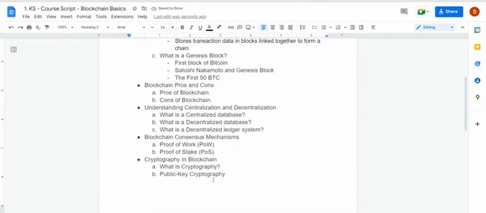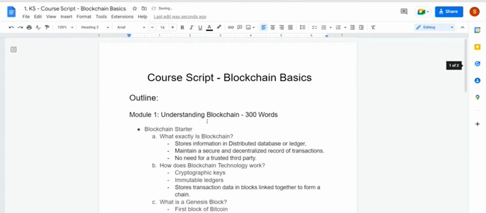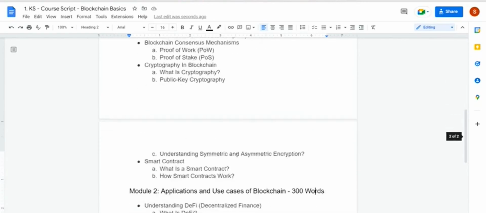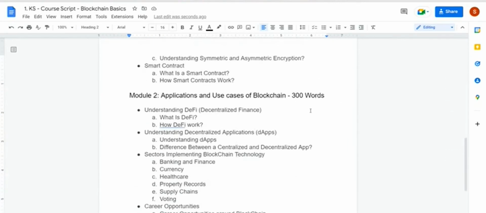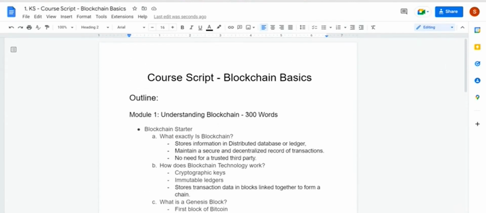And for this module you will be writing 300 words as well. Structure each course so that in module 1 it's 300 words, in module 2 it's 300 words, so in total 600 words.